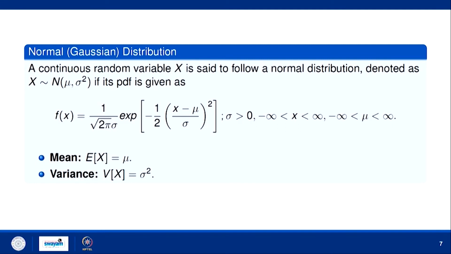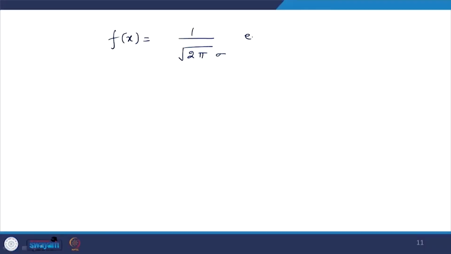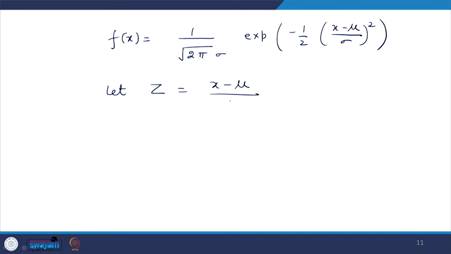So, first for simplification, the distribution is given by 1 upon sigma under root 2 pi, e raised to power minus 1 upon 2 into x minus mu upon sigma whole square. Now, let us take a small transformation, let us take z, which is x minus mu upon sigma.